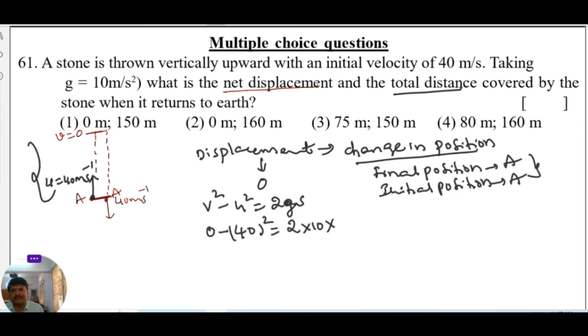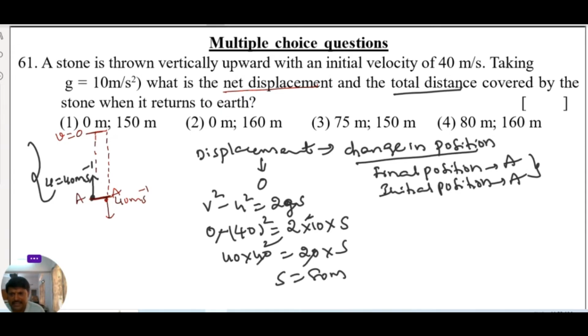S is displacement, or in this situation S is distance. So g is minus 10 meter per second square. This minus and this minus get cancelled. So 40 into 40 is equal to 2 into 10, that is 20 into S. So distance is equal to 80 meter.